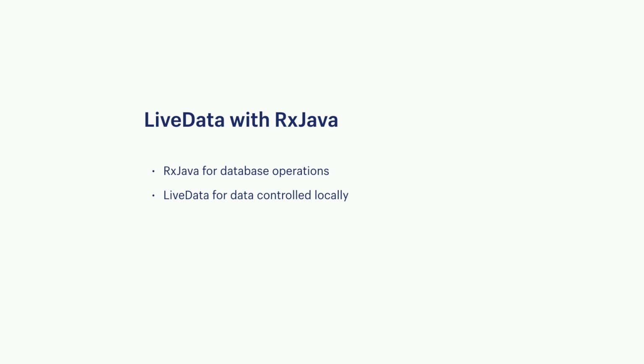And I used LiveData for any data that I controlled myself, or that was local to the ViewModel or anything like that, because LiveData is simple and does the job that I needed it to do. This may not work for you, or you may think this is just a terrible idea, but when I was writing this app, this combination worked really well for me.